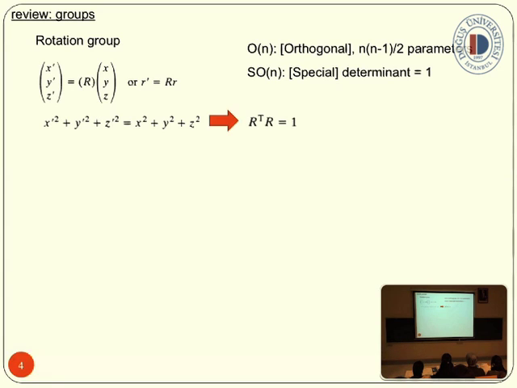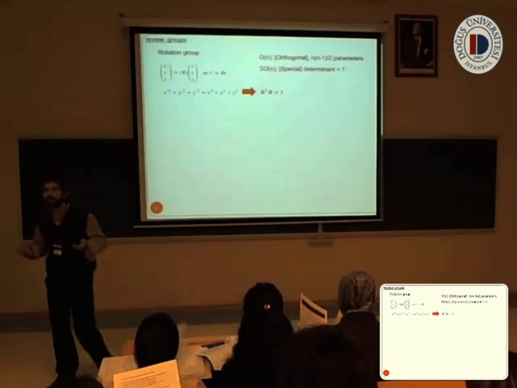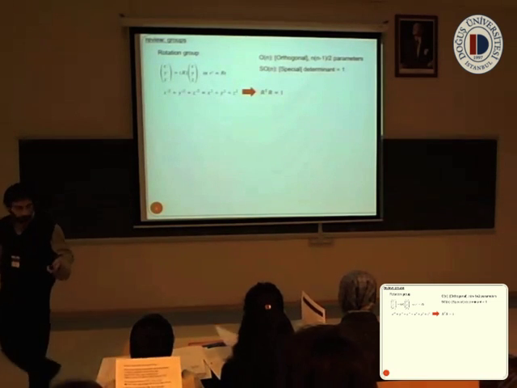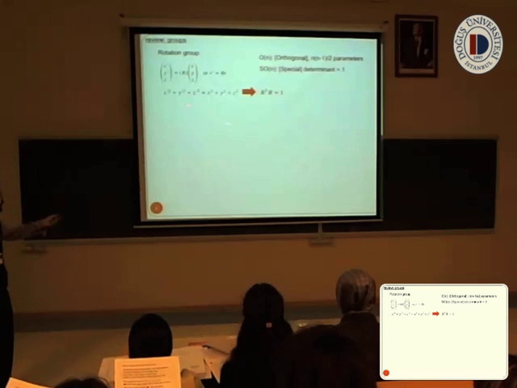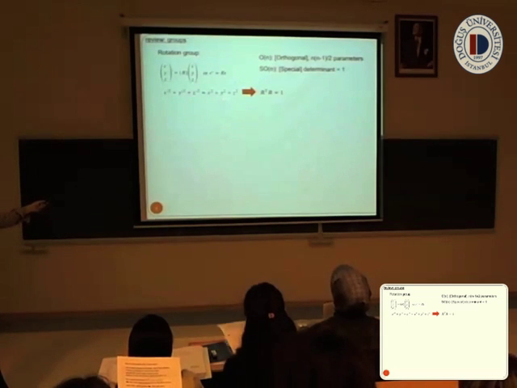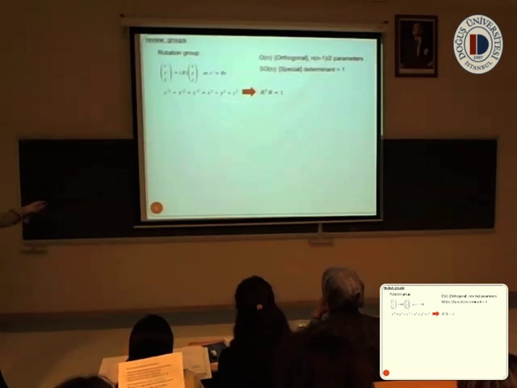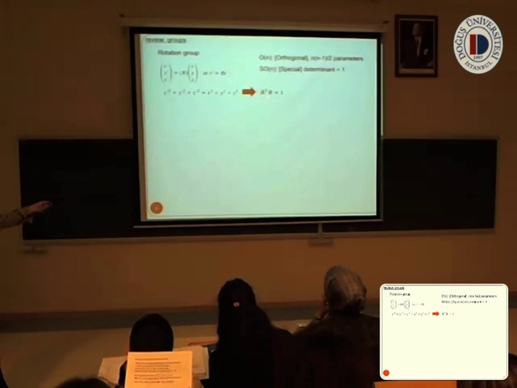Now, consider rotation of a vector in 3-dimensional space. The matrices that rotate the vector are orthogonal matrices. The orthogonality condition comes from the length of the vector being invariant. So, for the length of the vector to be invariant, you have to have orthogonal matrices.